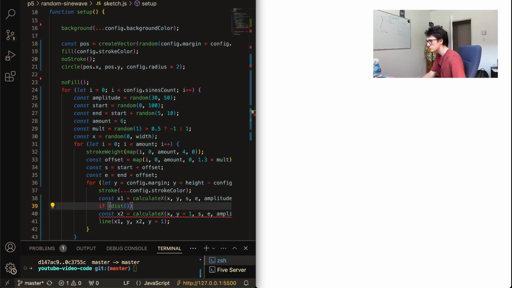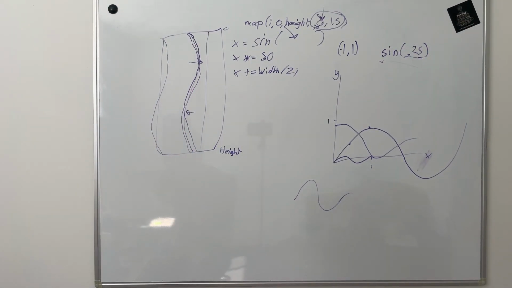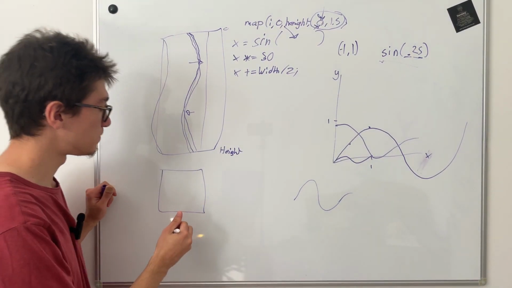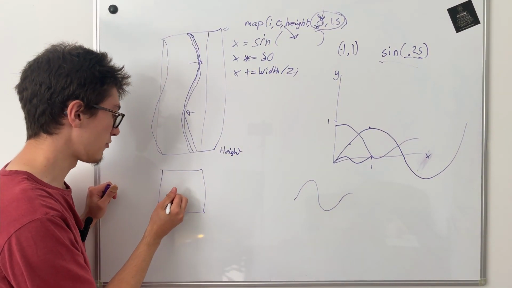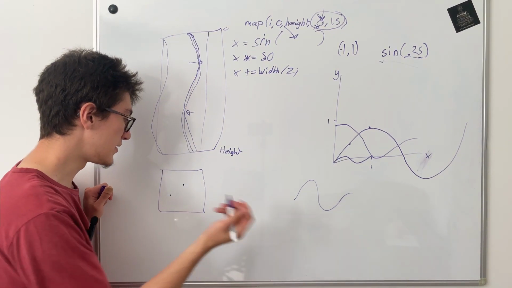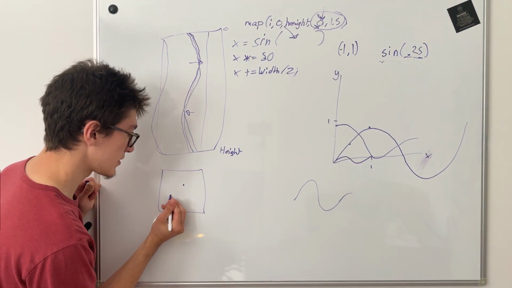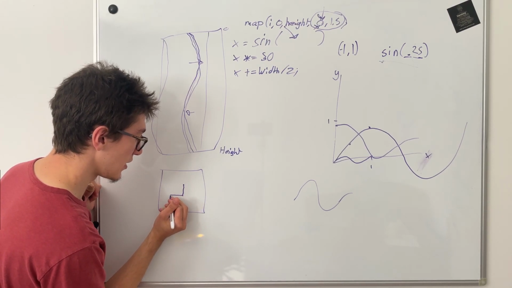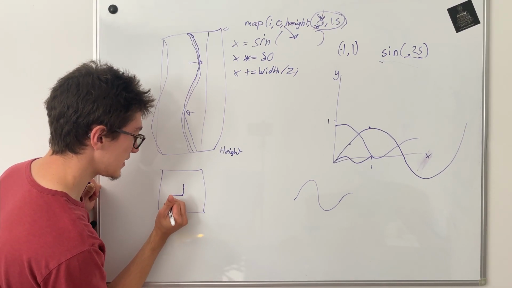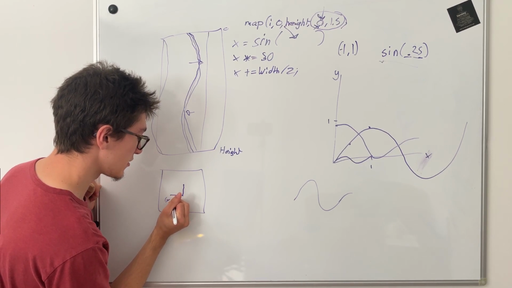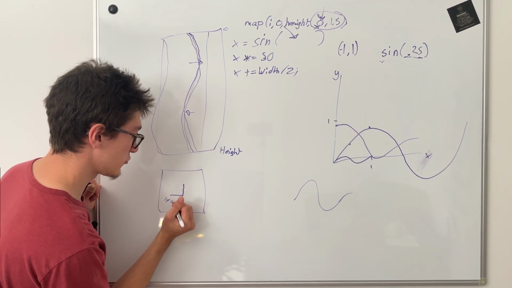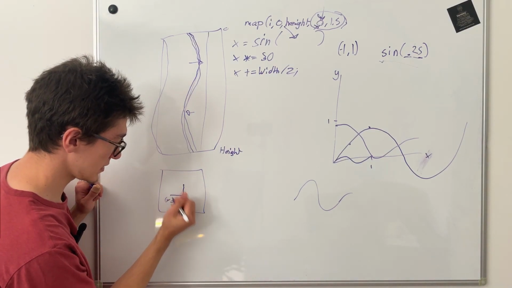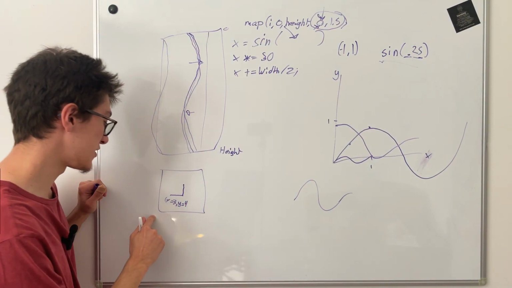Let me go back to the whiteboard, try to explain it real quick. So let's say you have your canvas here. Let's say you have a point here, a point here. The distance between those points is this distance here, right? This one has, let's say, x equals 3 and y equals 4, from 0, 0 being here.